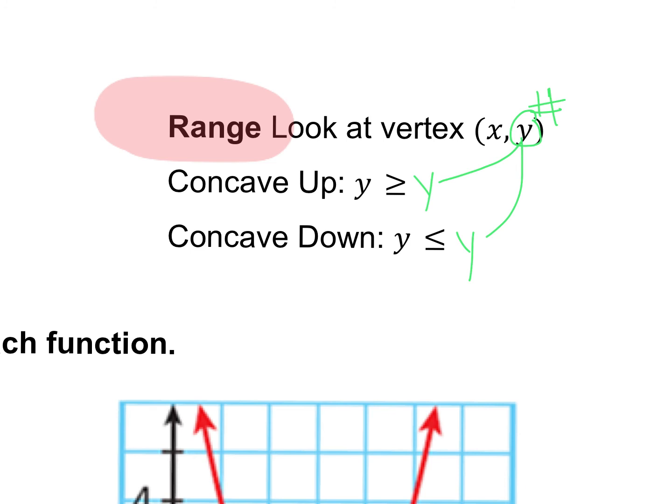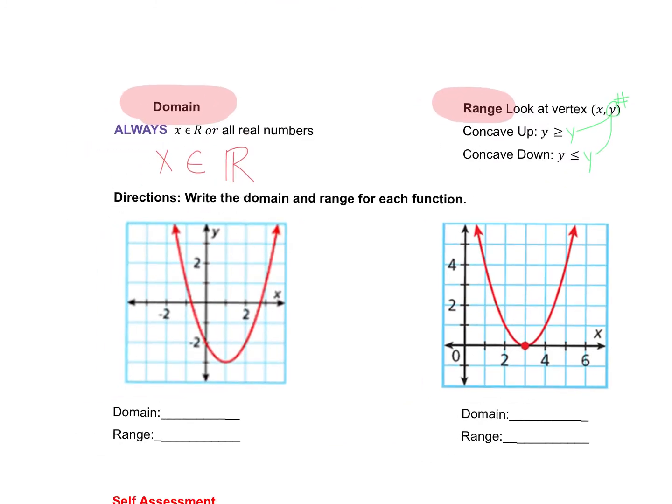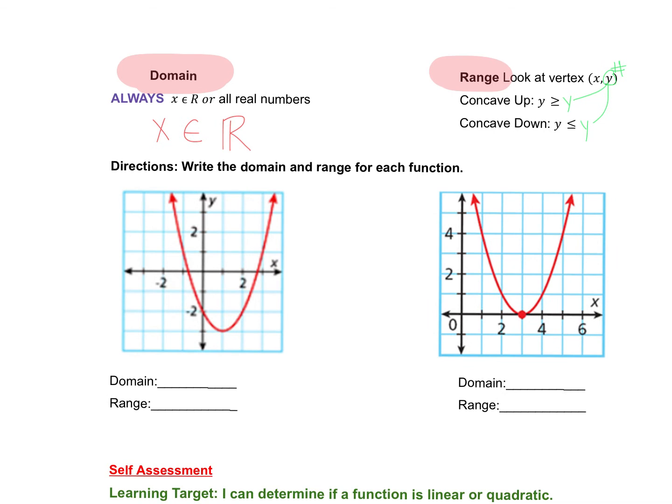So let's practice this real quick. On this one, remember what is always our domain? X, this weird E, and then this R. X, weird E, weird R. You can do that for all of them if it's asking for the domain. Now for our range, is it concave up or concave down?